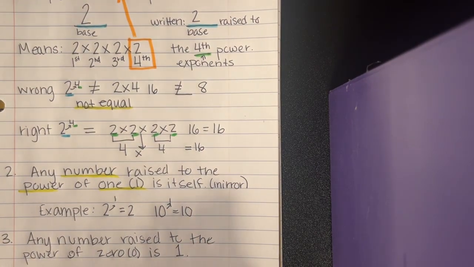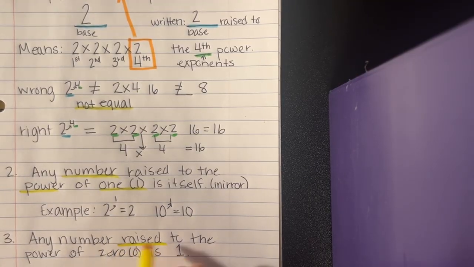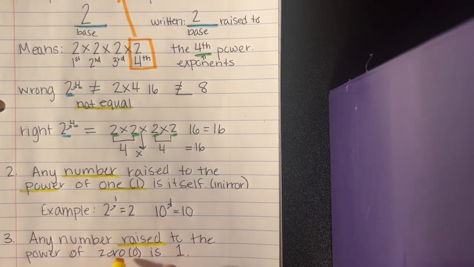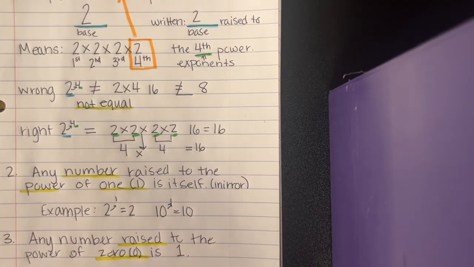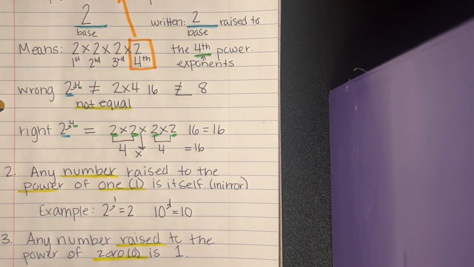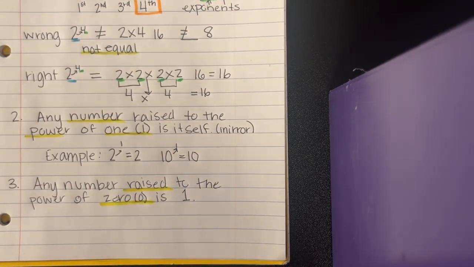Okay, so any number raised to the power of 0 is 1. And I'll give you a couple examples of that one.